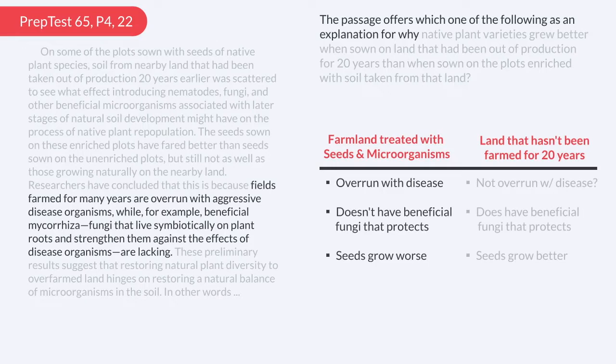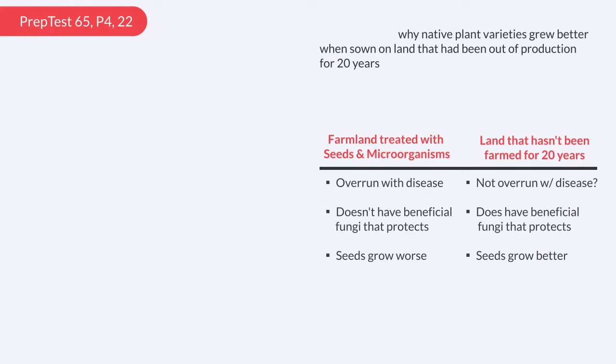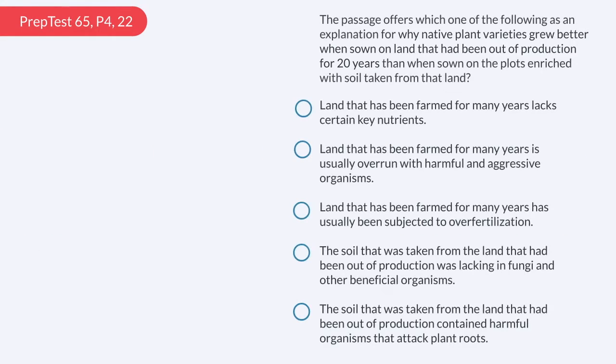Meanwhile, this land that's been chilling for 20 years, it doesn't really specify whether there's disease organisms in there, but we know that that land has this good beneficial fungi that would protect against the diseases. They're asking, why did the plants grow better on this out of production land? And we would say, well, they grew better on that land because that land has this beneficial fungi that protects the plant from diseases. When we look at these 5 answers, they actually start 2 different ways.